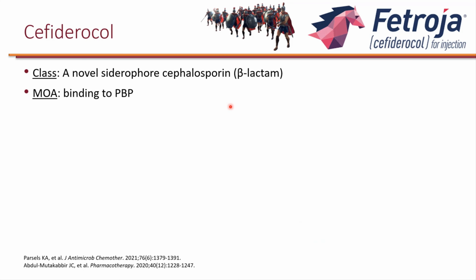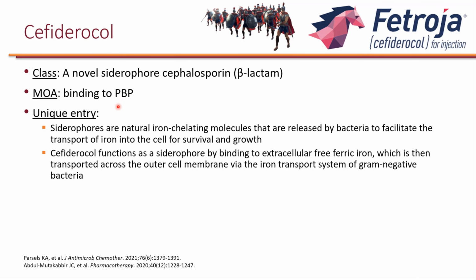It is still considered a beta-lactam, so it does bind to penicillin-binding protein, but it's somewhat unique because of the way that it enters the cell: it hijacks the siderophore that comes with the bacteria. What the siderophores do, they're actually natural iron chelating molecules that are released by bacteria to facilitate the transport of iron into the cell for survival.